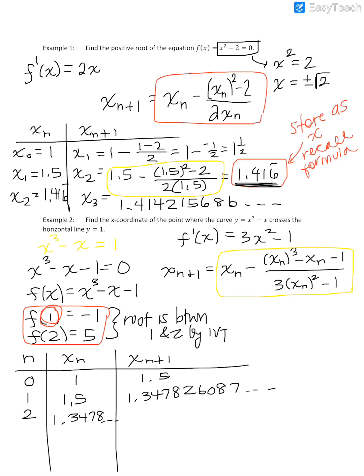I'm going to store that as x, type it back into my equation, recall my equation, and so the next one I get 1.325200399. That's my x3.